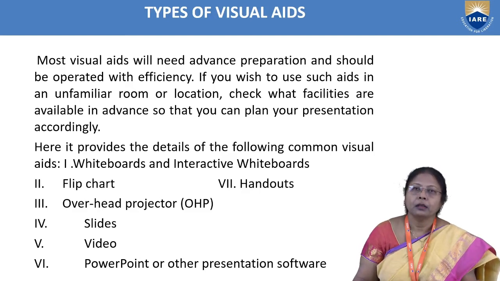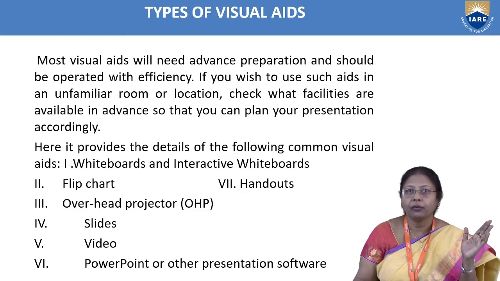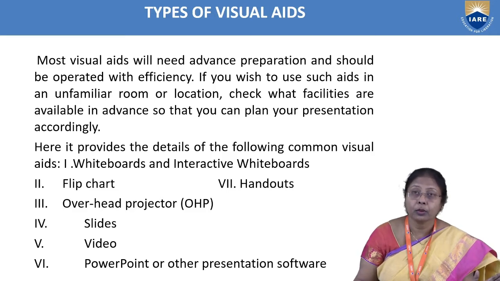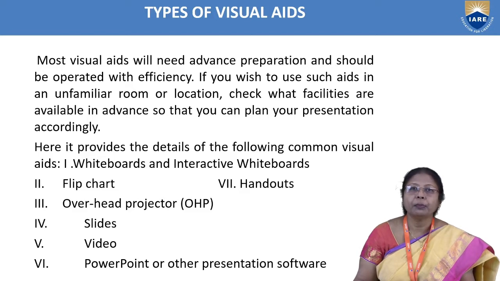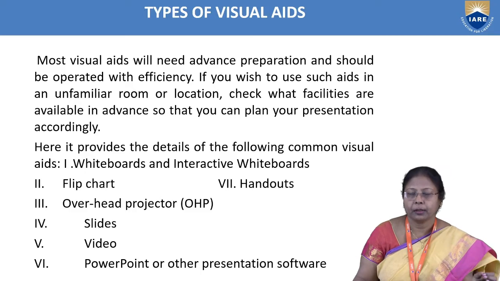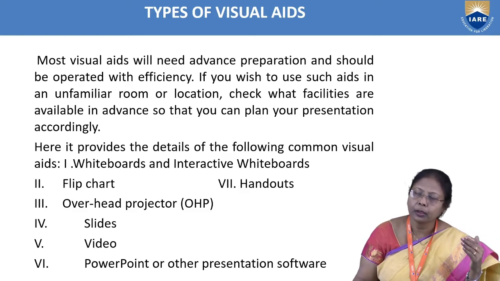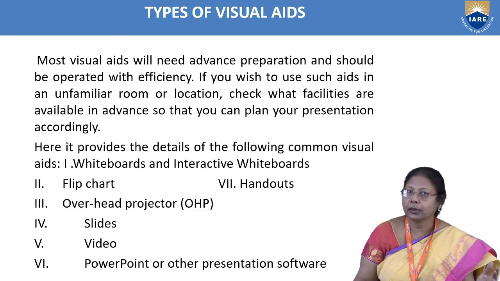Here are various types of visual aids in front of us. First is the whiteboard. Usually in classrooms we have whiteboards, which we call interactive whiteboards also. Second is the flip chart, another easy method which can be beneficial to students. Then the overhead projector, which we used in older days and a few people still use for comfort.